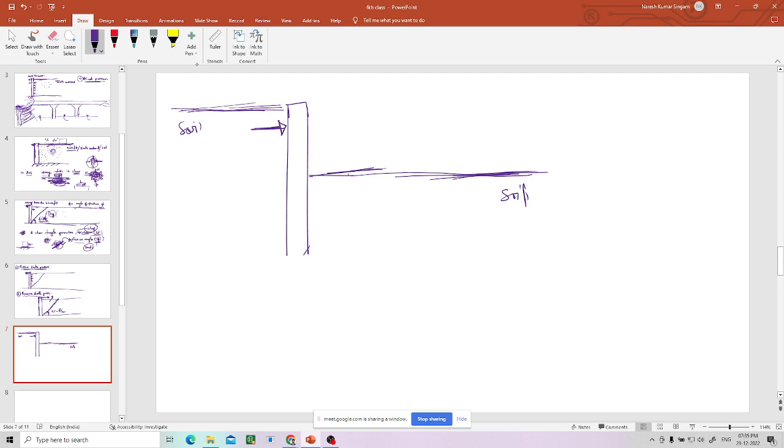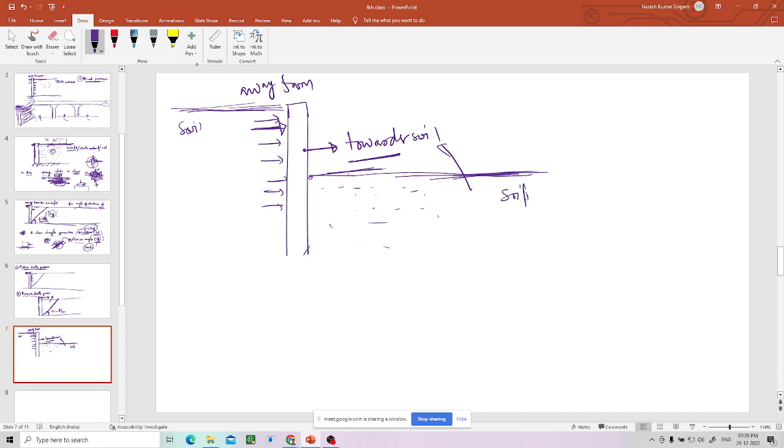When it is moving in this direction, what happens? With respect to this soil, the wall is moving towards the soil. With respect to this soil, it is moving away from the soil. So whatever pressure is coming from this side is active earth pressure.